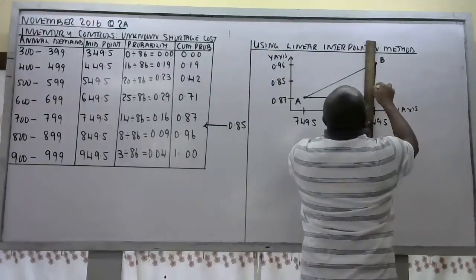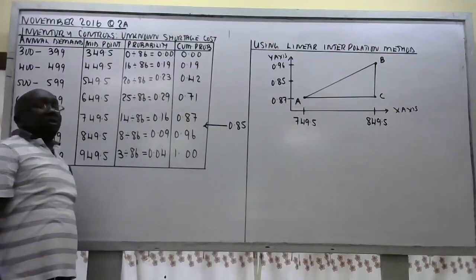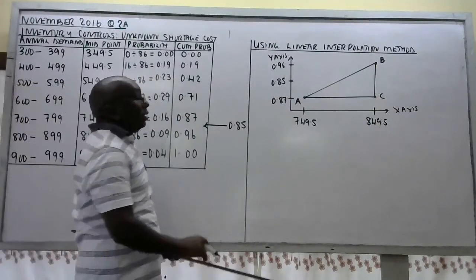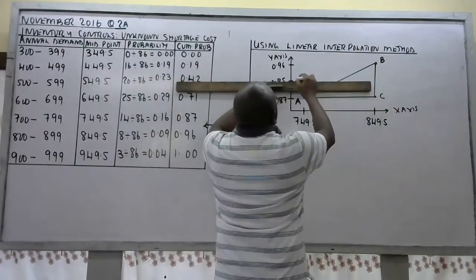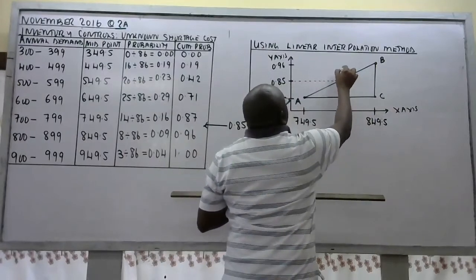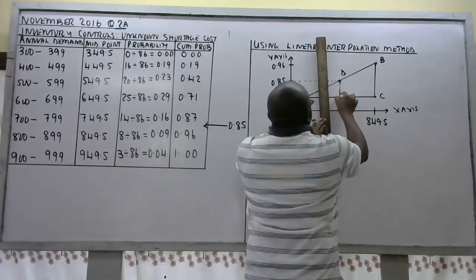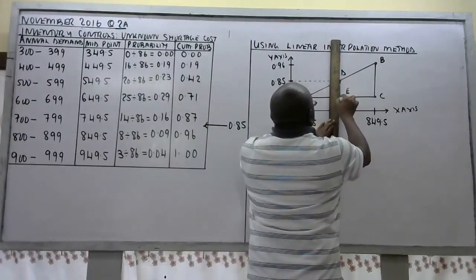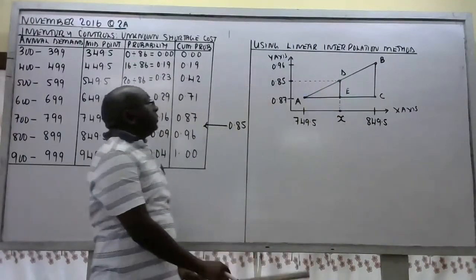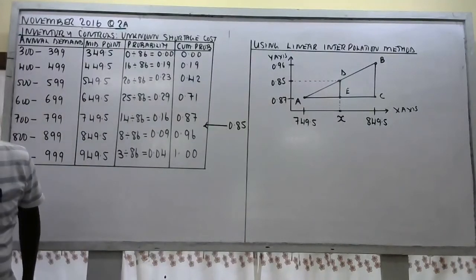Another one coming down like this, you call this point C. That one we say is called a triangle. Then here, if we were to extrapolate, we come and get here which we call D, then this comes down to stop here, you call it E, and this one you call it X.